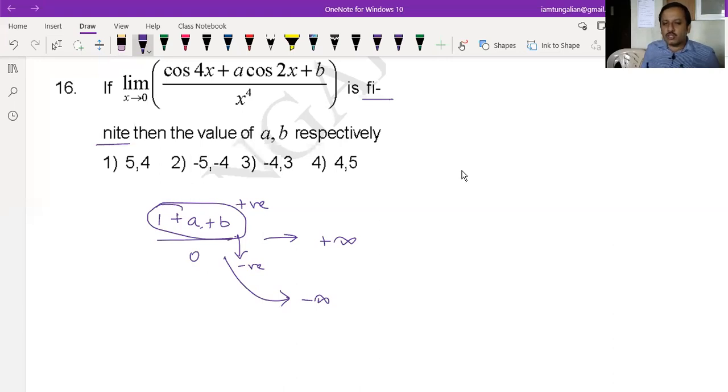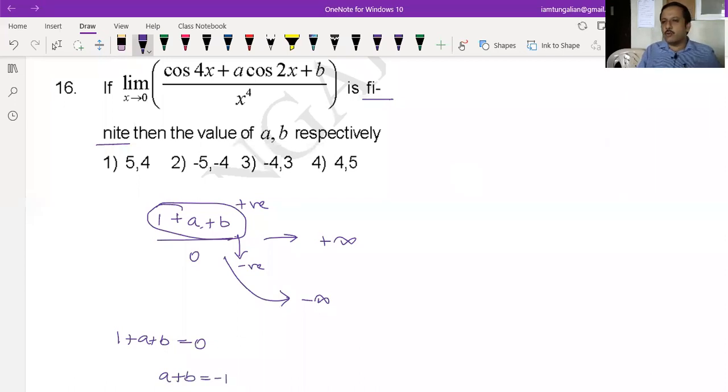So there is only one option left. What is that option? Can you tell me? Yes, Sumit, you're right. It has to be 0. So 1 plus a plus b is equal to 0, so a plus b is equal to minus 1.